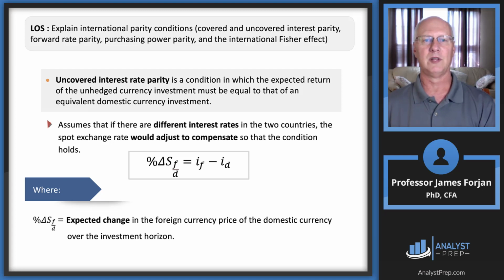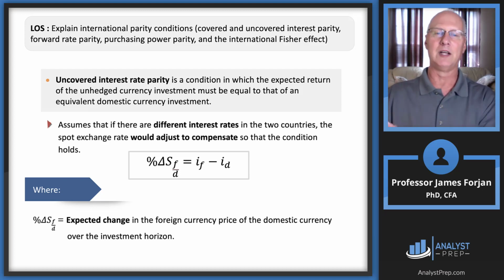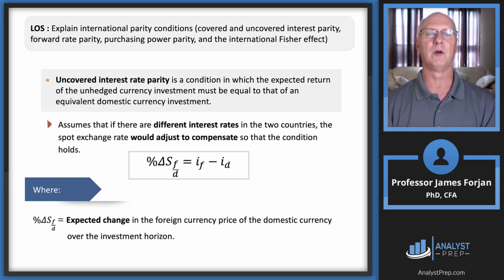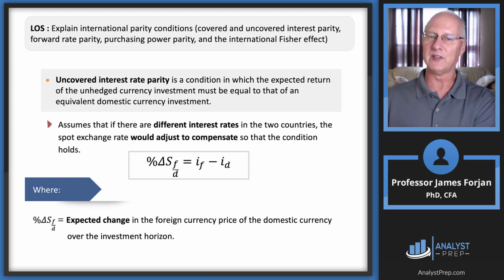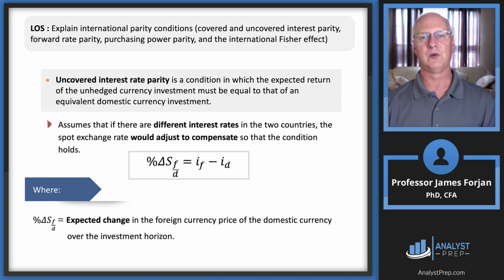So uncovered interest rate parity: the expected return of the unhedged currency investment must be equal to that of an equivalent domestic currency investment. So I'm uncovering, I'm not using a forward contract. But what that means is that all the stuff going on in the spot market must be influential in the forward market, even though we're not using a forward contract, and the difference of those two interest rates.